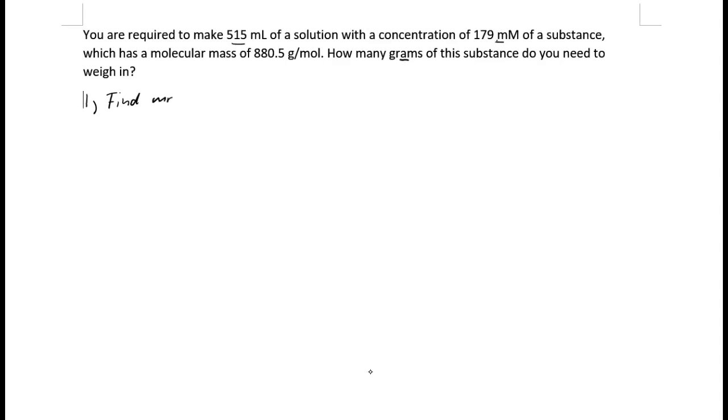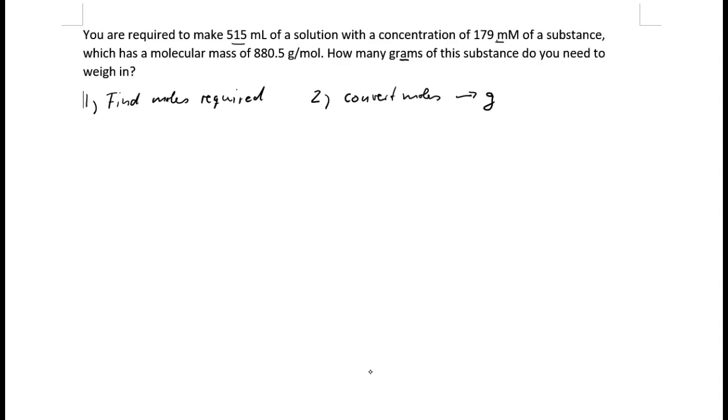Find moles that is required. And once we know the number of moles that we need, we will convert them in the second step to grams. So convert moles to grams. So that will be our approach.